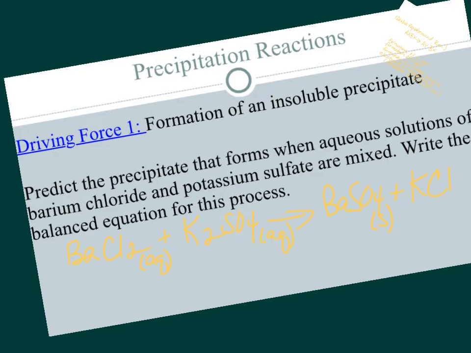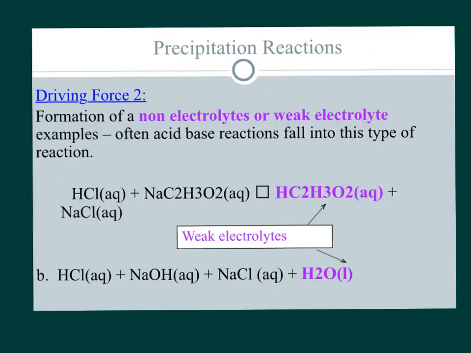And according to the Cl rule, KCl is soluble because the only 3 exceptions to the halogens are silver, lead, and mercury. And they want us to balance this, so we've got 2 Ks, so we need 2 there, 2 Cls, we're good. Everything else is balanced.